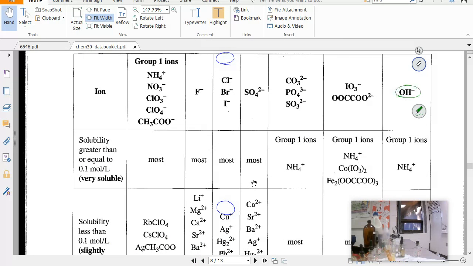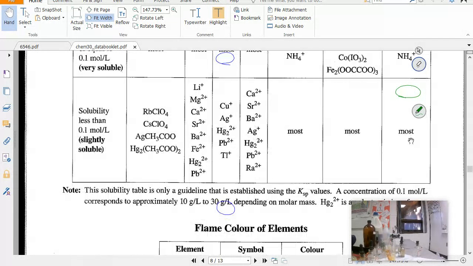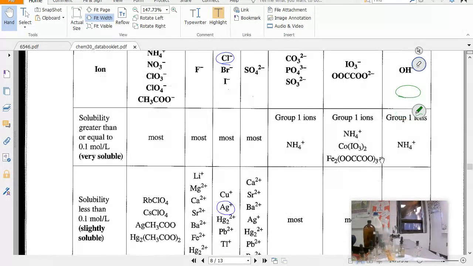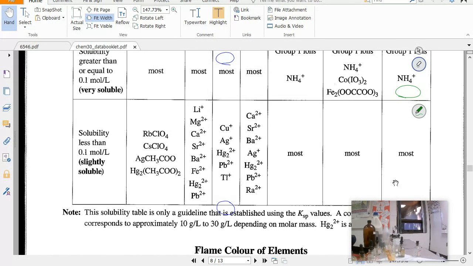Hydroxide ions are only soluble with group 1 ions and ammonia. That would mean most are not. Now, this solubility chart, we don't include too many. I don't think it includes any polyatomic positive ions other than ammonia.